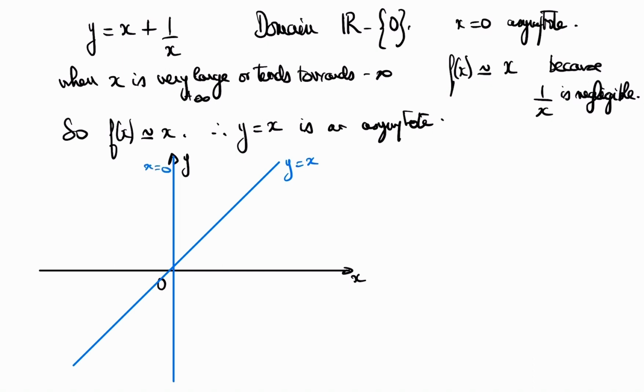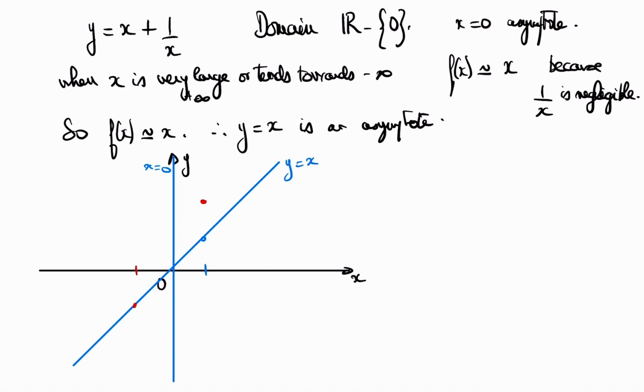So they are both asymptotes. Okay, so now we can pick a value, for example, for x equal 1, that gives us 1 plus 1 over 1, which is 2. So the point is going to be here. For x equal minus 1, that's going to be minus 1 minus 1, so minus 2.